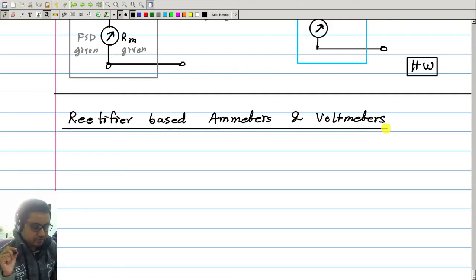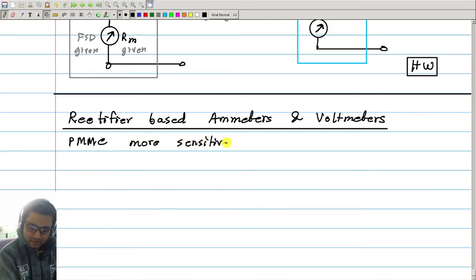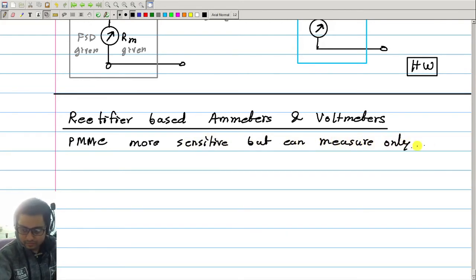So what we do, we use rectifiers to convert AC into DC, and then use a PMMC meter to measure that voltage or current, so that we get simultaneously more sensitivity as well as we can measure AC quantities. So PMMC is more sensitive, but can measure only DC.